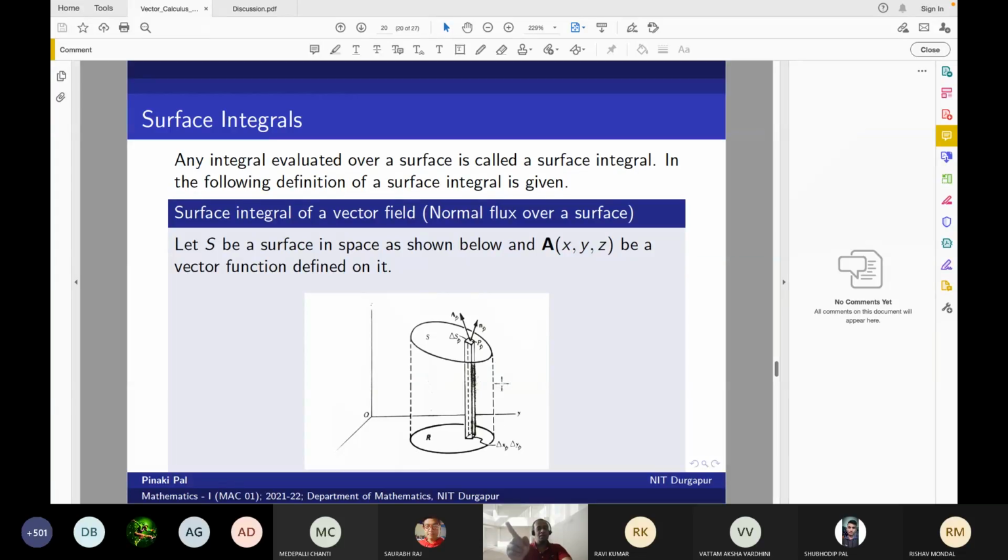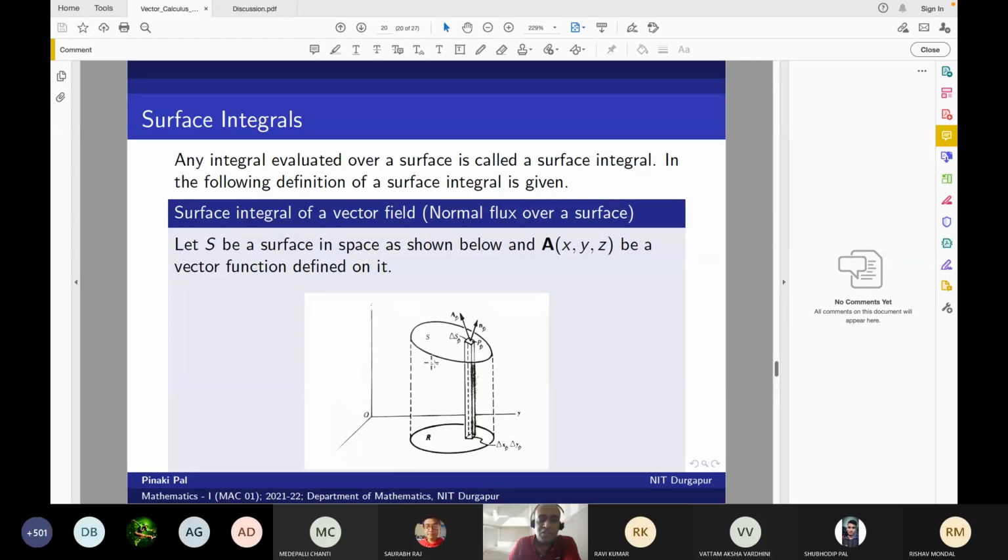For unboundedness, as you have noticed, for defining beta functions or improper integrals, we considered the limiting approach. A similar approach may be applicable, but in this particular course all the surfaces and volumes we are considering are finite in nature. They are bounded in a finite portion of the space.